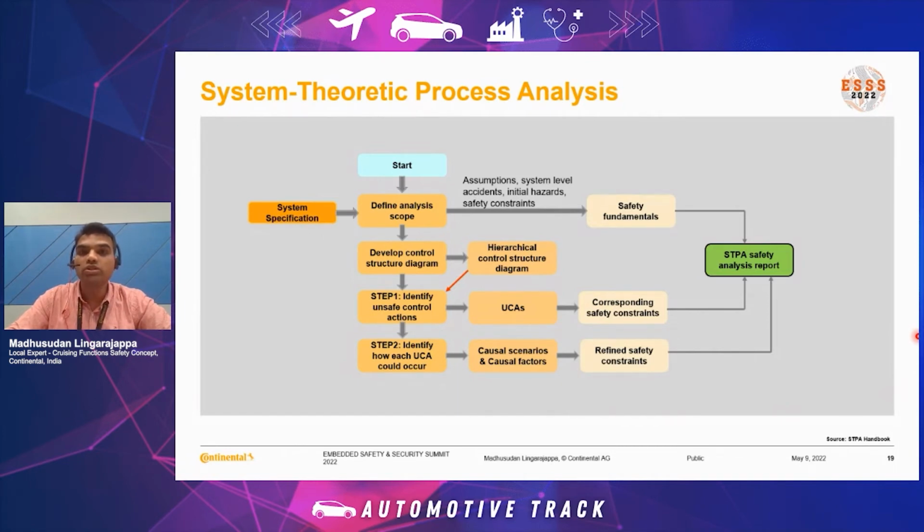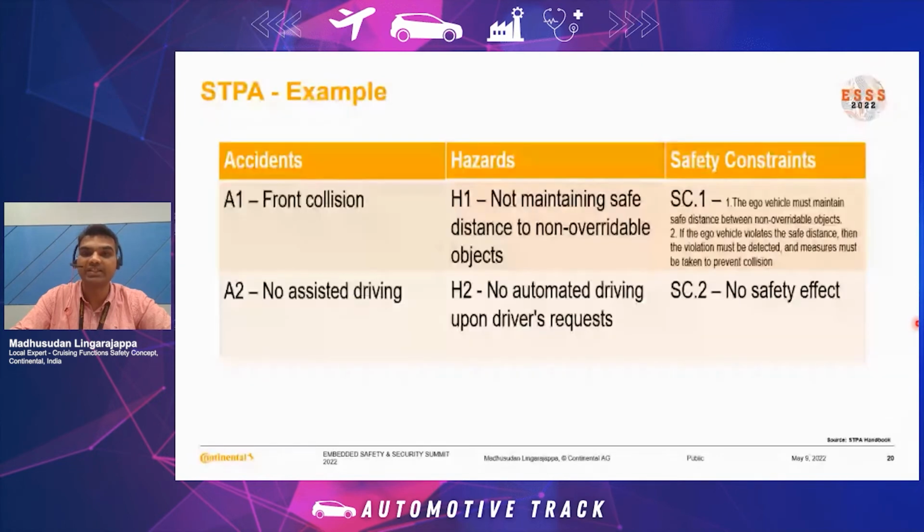For all those factors, we have to come up with the safety constraints as a safety measure. So this completes the STPA. In the next slide, we will see one example. Today, we will take the SAE level 2 system as an example. Let us say we have a vehicle which is operating within the ODD and with this SAE level 2 system switched on.